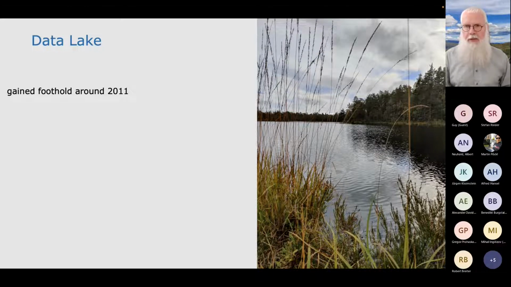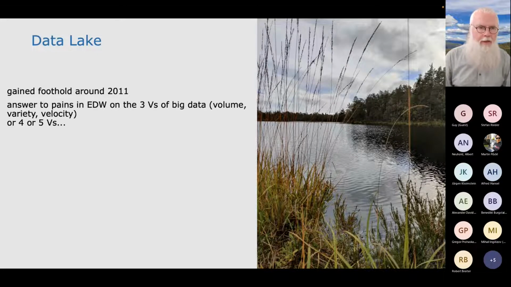So with big data solutions such as Apache Hadoop, there came another solution, which was the data lake. And the data lake itself gained a foothold around 2011. And it again tries to answer the pains in data warehousing with the V's of big data. And of course, I use 3. Marketing departments might want to use 4 or 5 or 7 or 10. But volume, variety, and velocity of the data that is coming in.